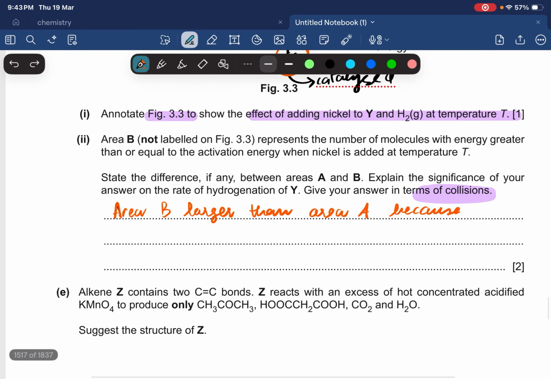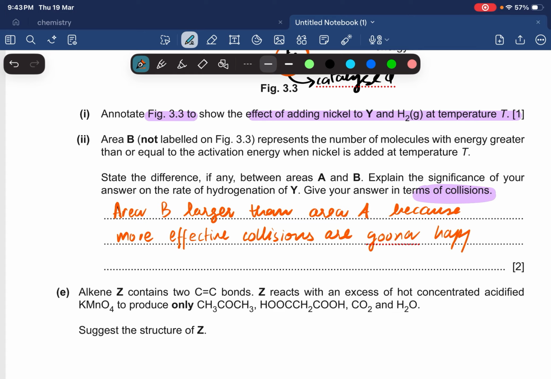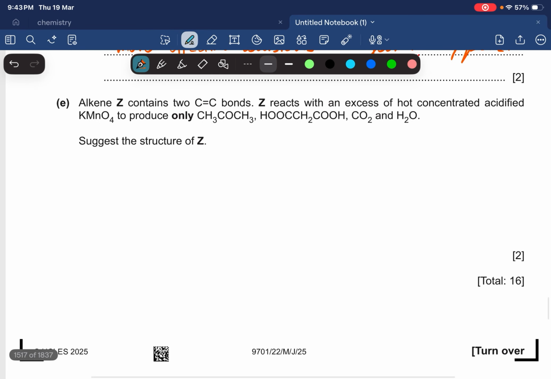So we're going to say more effective collisions are going to happen. You don't write gonna, wanna in the paper, but I'm just doing it because obviously this is not going to the examiner, but just don't use this English in the paper.